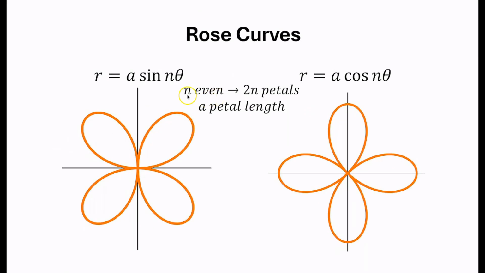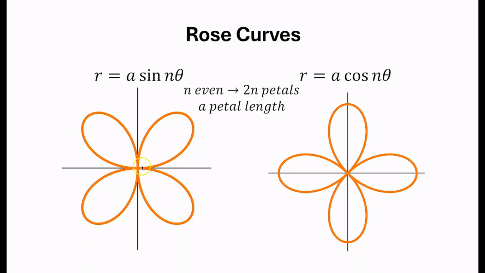If n is even, so if the number multiplied by theta is an even number, then there's going to be 2n petals. So there's going to be twice as many petals. And again, A is still the petal length. So here, what I want us to notice, this is kind of interesting, is that if sine is involved, there's actually not a single petal that's sort of going up or down, and there's not actually one going left or right either.